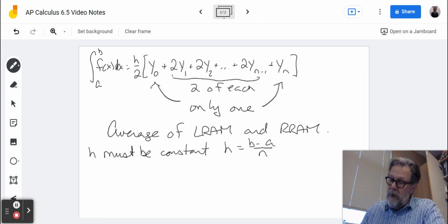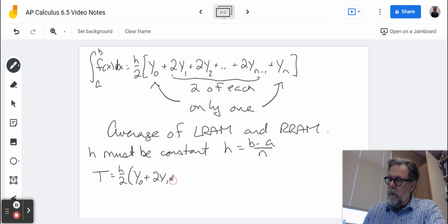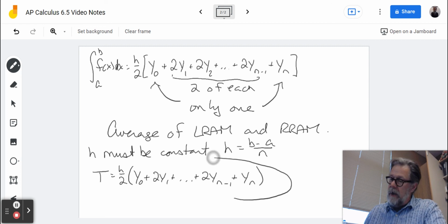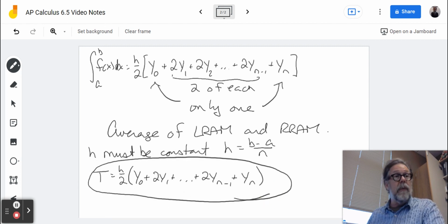And we call this T the trapezoidal approximation. And it's h over 2 times, as I wrote above, y sub 0 plus 2y sub 1 plus dot, dot, dot, plus 2y sub n minus 1 plus y sub n. That is the trapezoidal approximation, and it can also be found by averaging the left and right rectangular approximations.